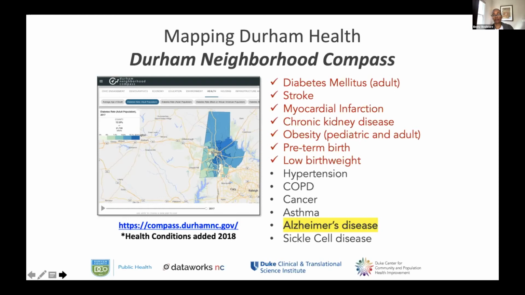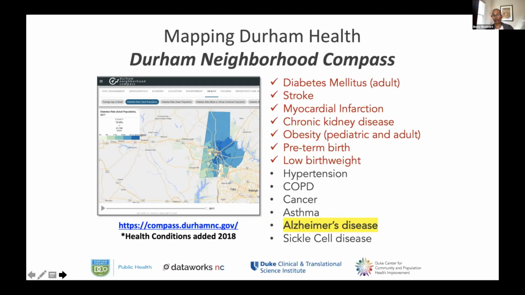There are a number of maps there where you can look at the prevalence of conditions by neighborhood in Durham. And we've slowly but surely been adding a number of conditions. We actually have more conditions right now than the Compass is able to accommodate. So we're going to be democratizing it probably through some alternative methods to the community with Duke and Lincoln support.